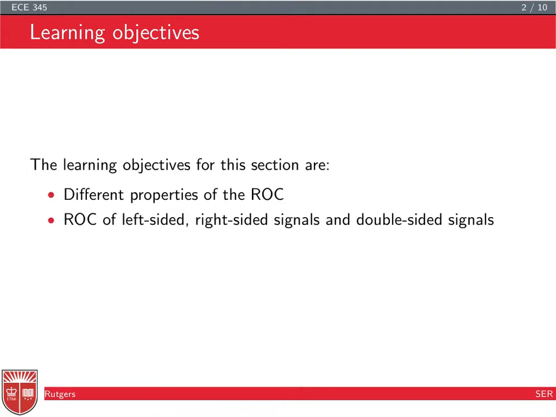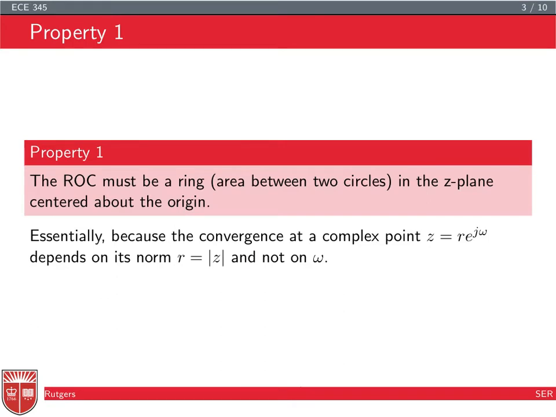The first property, which we will start with, which is a property of the ROC of the Z transform, is that it must be a ring in the complex plane, or in the Z plane, that is centered about the origin. So the ring is centered about the origin and may look something like this. So this is the Z plane, the complex plane.